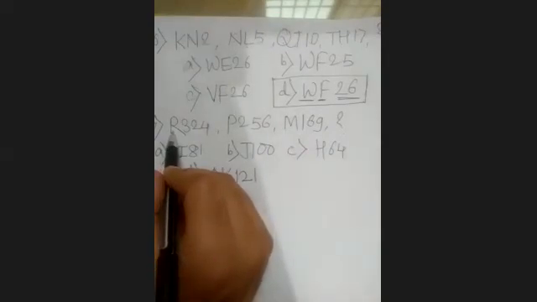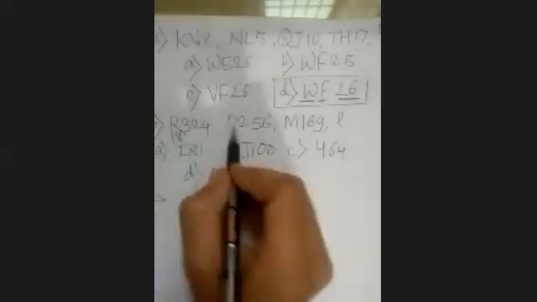So if you consider the position of letter R, so R is coming at number 18. So if you take a square of 18, it becomes 324.